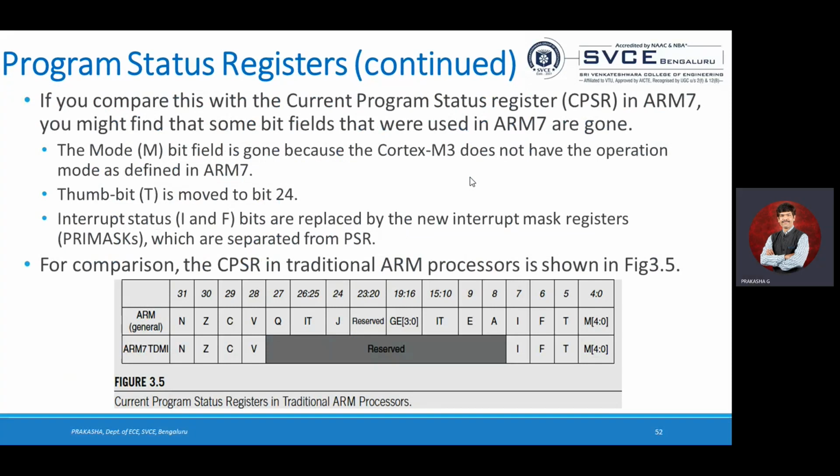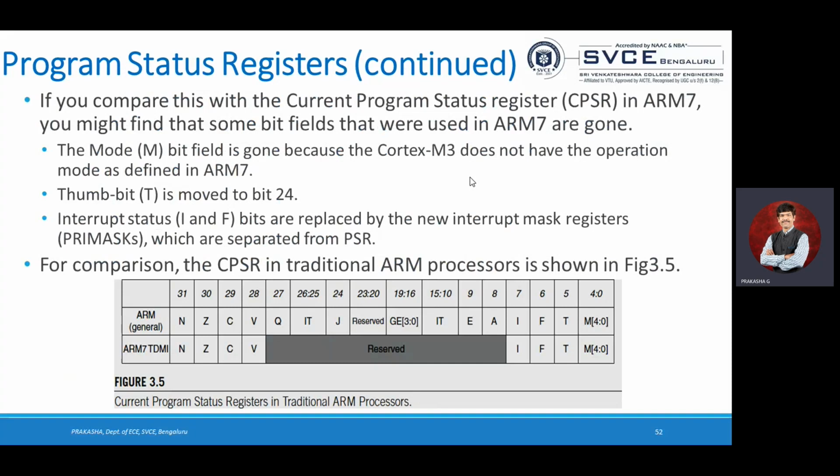When you compare the same PSR with the older version of the processor, that is ARM7, ARM7 was one of the popular processors used in almost all electronic devices. Currently, ARM Cortex-M3 is the newer advanced version, and before that we had ARM7. What are the differences?